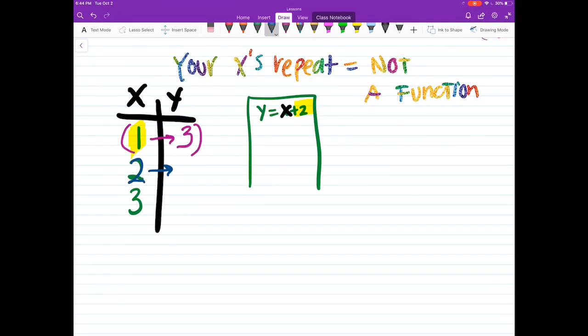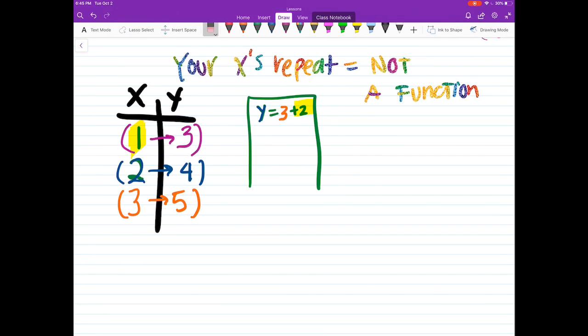What does y equal? When x is 2, we got 2 plus 2, that's 4. Oh, okay. So then, what about when x is 3? When x is 3, put a 3 here. That's x. So what's 3 plus 2? Oh, that's 5. There's my relation.